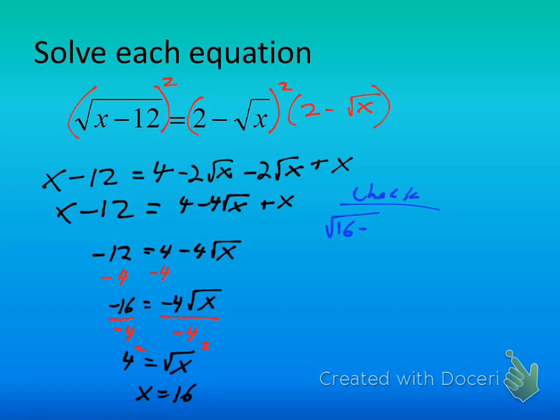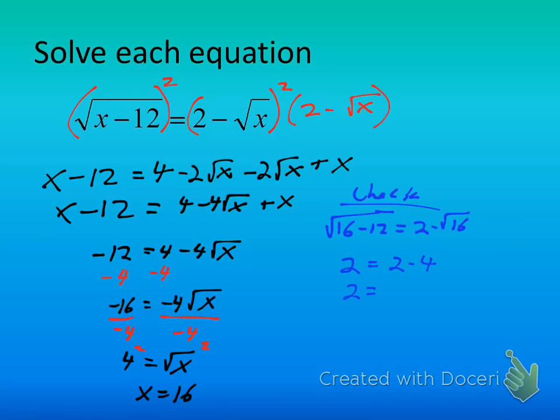Square root of 16 minus 12 better equal 2 minus the square root of 16. Okay, if this comes up true, we good. What's 16 minus 12 on the left hand? 4. What's the square root of 4? 2. So the left hand side is 2, right? What's square root of 16 here? 4. So we get 2 minus 4.